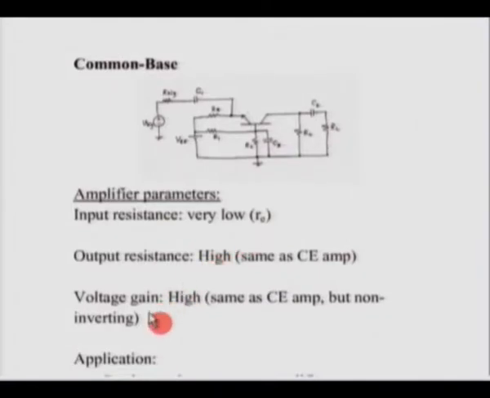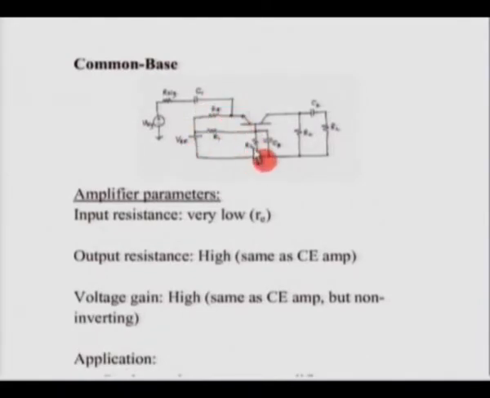Now coming to the voltage gain, we get the same expression for the voltage gain here, except that there won't be a negative sign. In a common base amplifier the expression for the voltage gain would have a positive sign. This is because of the way the signal is applied.